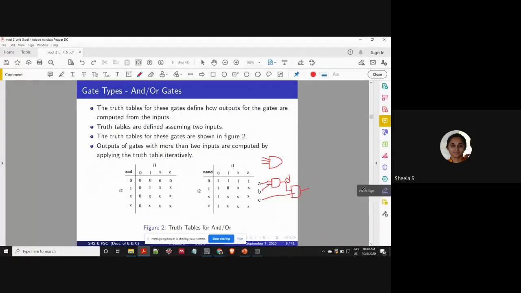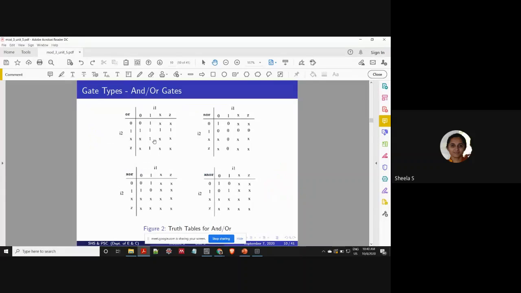So this is how we can consider the corresponding AND gate and its truth table. Similarly for the NAND gate, and next we have the truth table of the OR gate. Here you can observe, if any one input is high, the output will always be high, whatever the other input may be. And if both inputs are 0, the output is 0. And for different combinations of X and Z, we will have only unknown as the output.